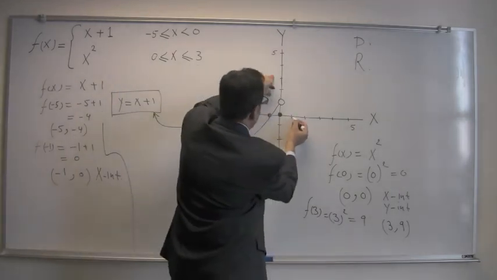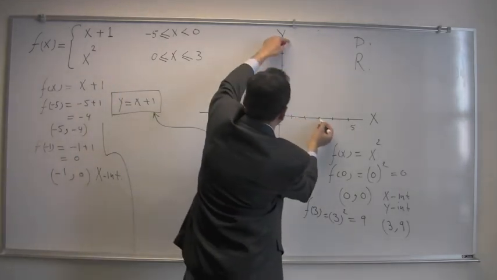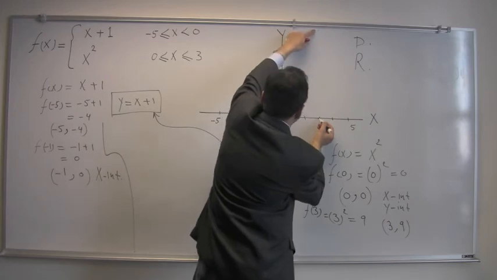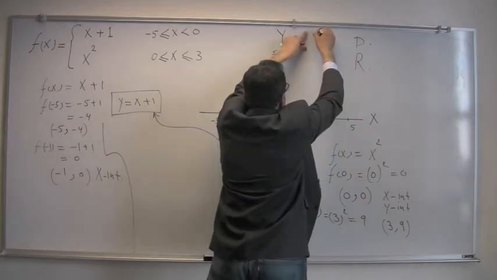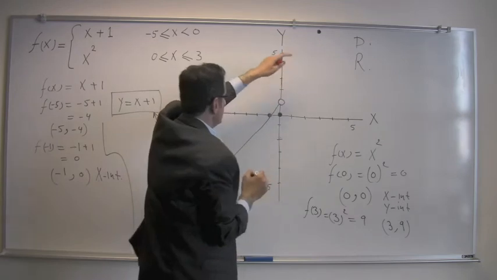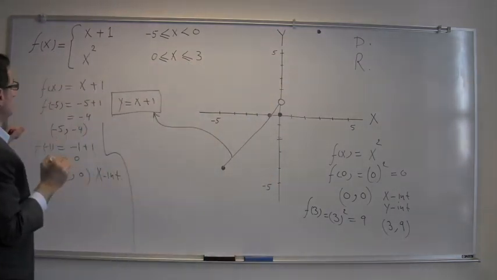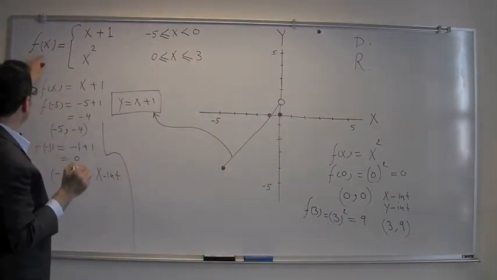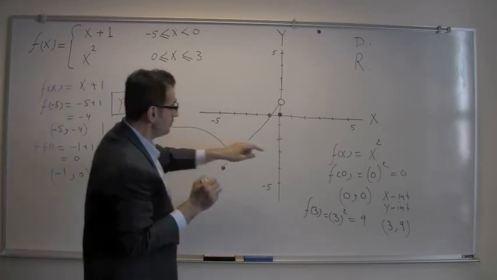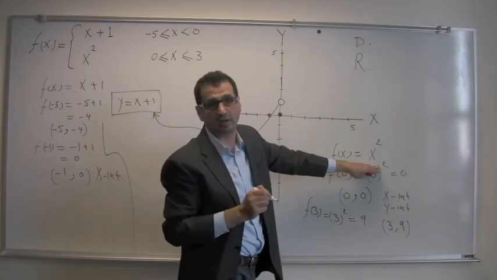So while x is equal to 3, y is equal to 9, so I'm going to plot this point here. Now I have 2 points, I can graph this part. When I look at f of x equals x to the power 2, it's basically a parabola.